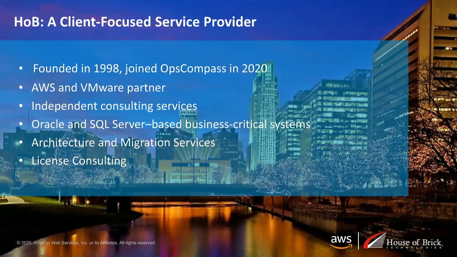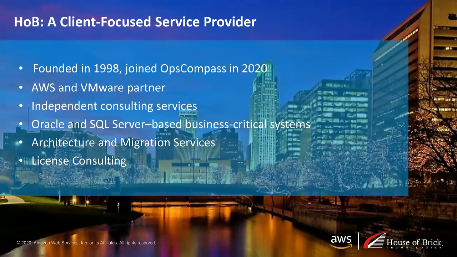For those of you watching this who've never heard of House of Brick Technologies, we've been around for over 20 years. We're currently part of the OpsCompass family of companies. We're an Amazon and VMware partner, and we offer consulting services that are really focused towards what we call business critical systems, which usually translates to business critical relational databases or business critical back office enterprise application stacks.